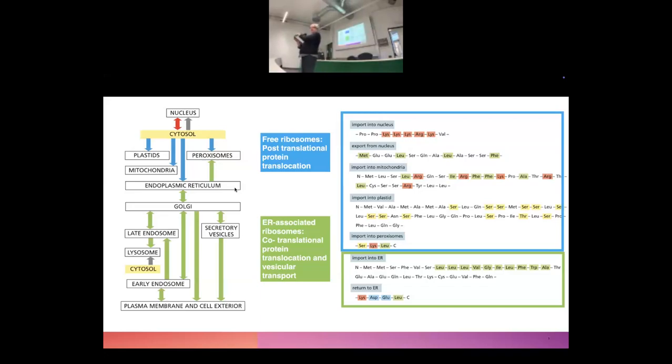That's one issue. And the second one, mostly when it comes to mitochondria, you need the unfolded protein. So they have to remain unfolded for this translocation through transporters as a single chain and not as the folded protein.